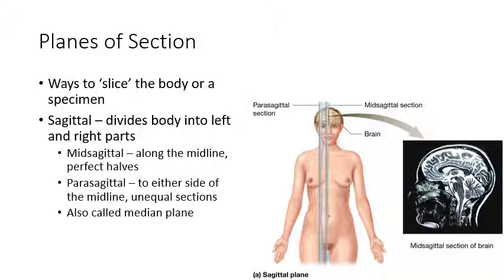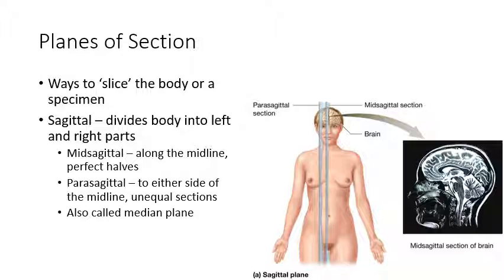The first is the sagittal plane, which is just going up and down, or from superior to inferior, dividing the body into a left part and a right part. If you are using a mid-sagittal plane, then you're cutting exactly along the midline of the body, so you would get two equal halves.